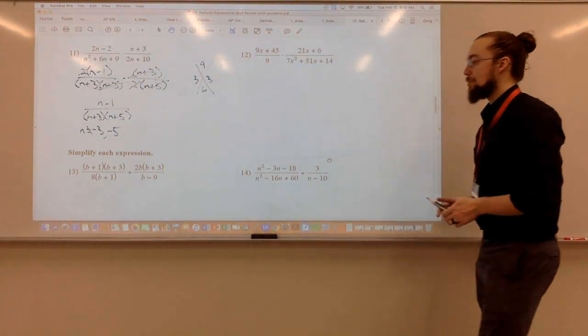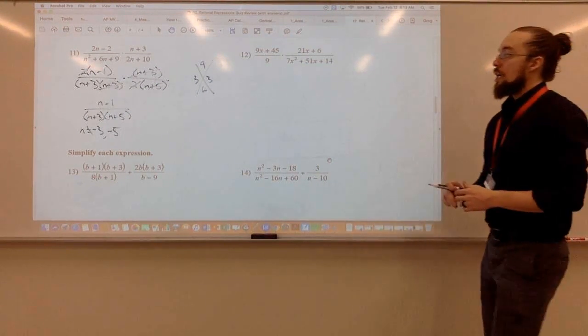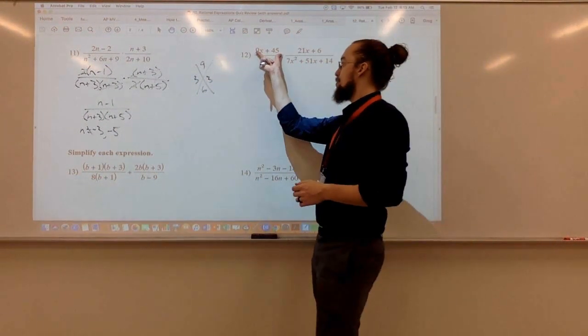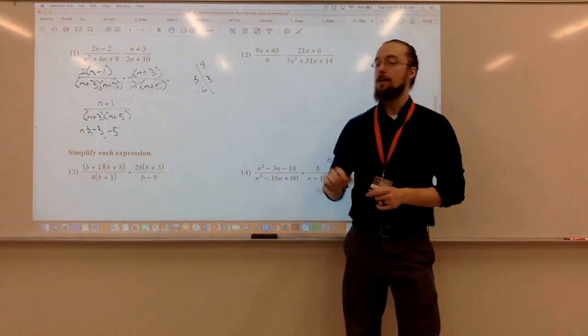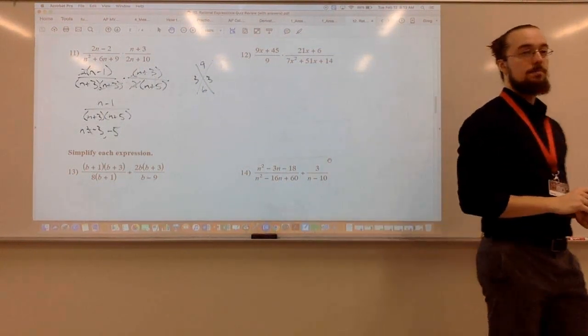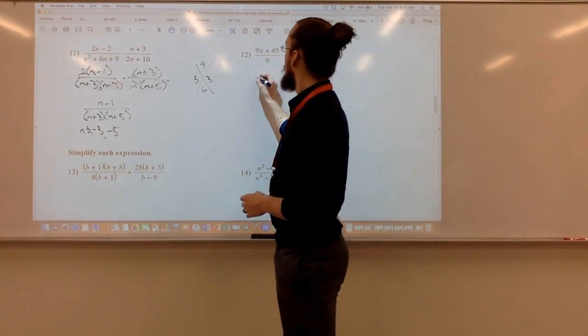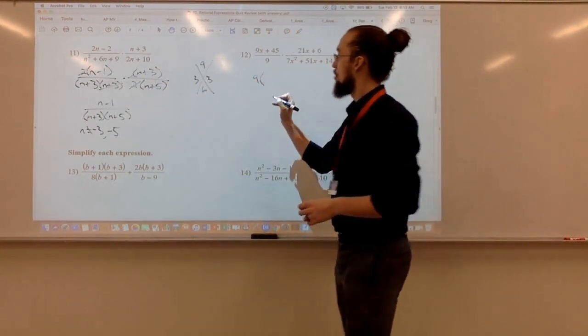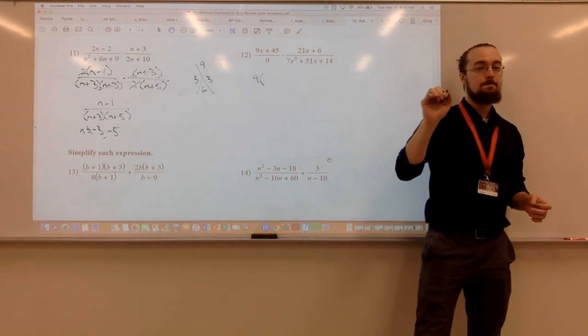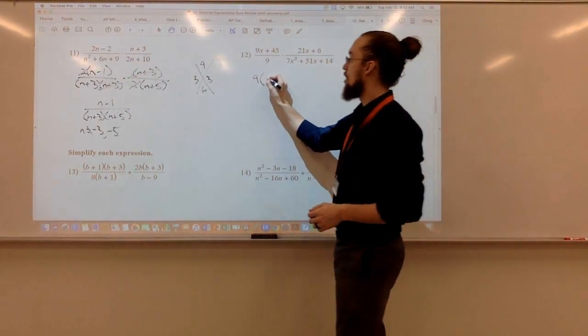Our last multiplication one here, in the 9x plus 45, can I do anything with that? What can I do? I can take out a 9. So if I take out a 9, what am I left with? x plus 5.